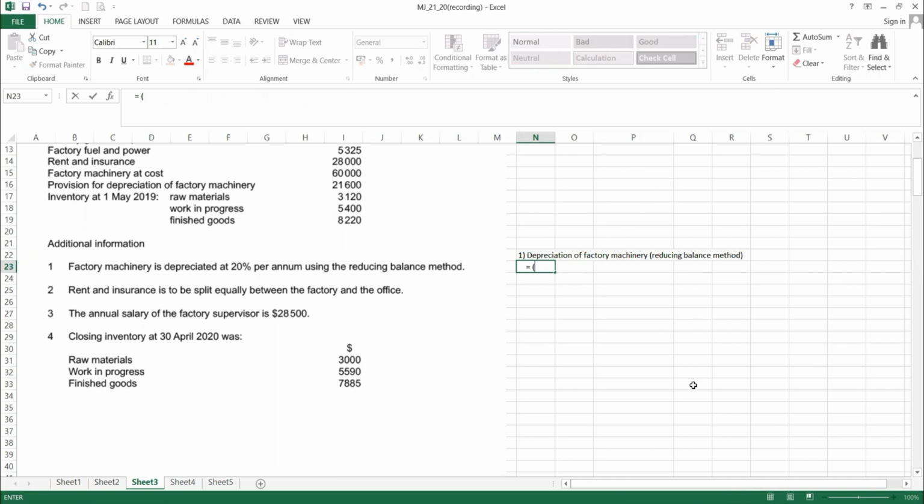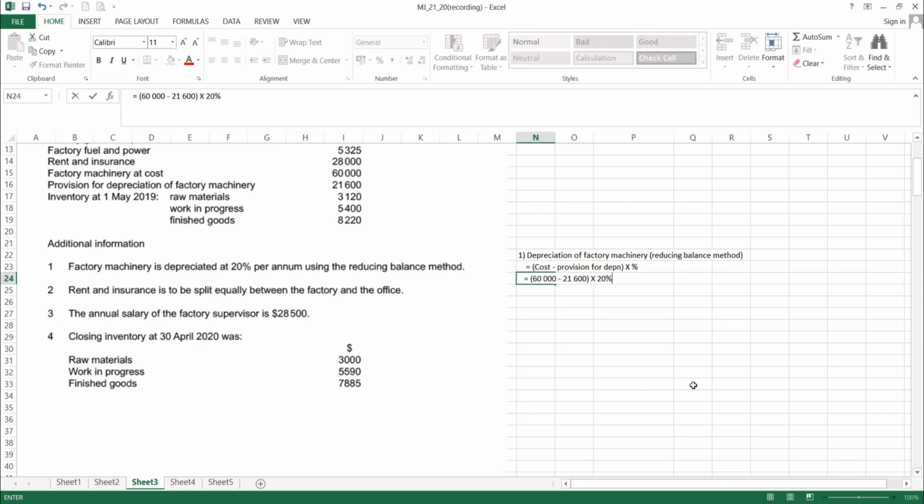Reducing balance is the cost minus the provision for depreciation, times the percentage. So the factory machinery cost is 60,000, minus the provision of 21,600, and then times how many percent?